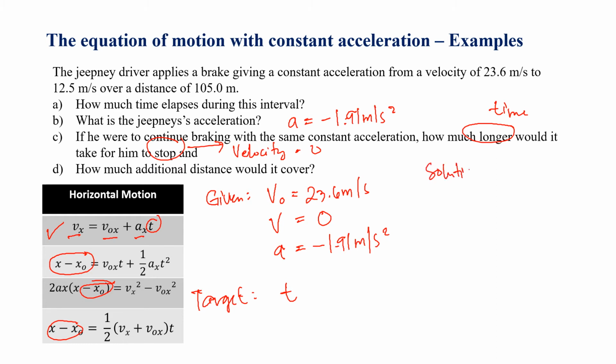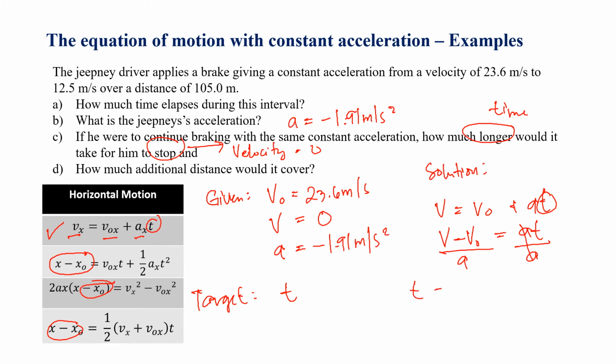So let us solve the problem. You have v equal to v naught plus at. Let me just remove the x to make it cleaner. So our target here is the time t. Solving for the time, you have v minus v naught is equal to at. You divide by a, cancel out.